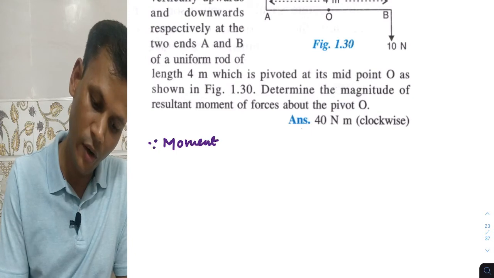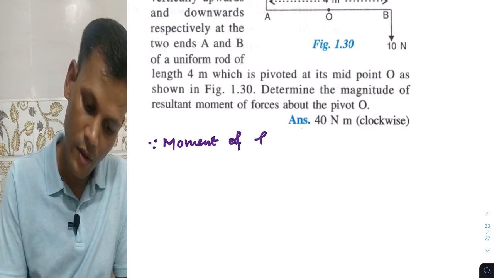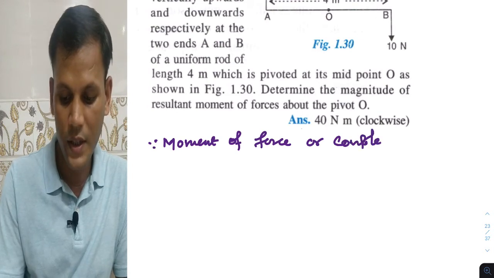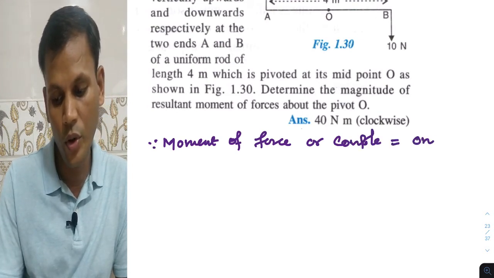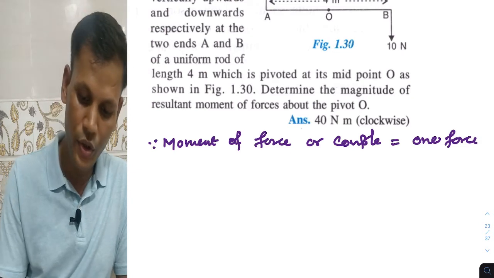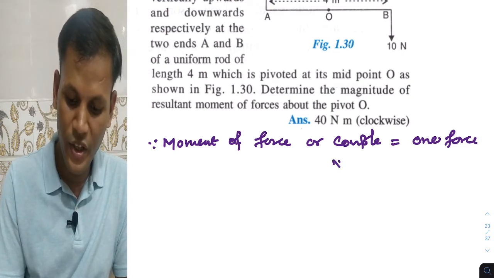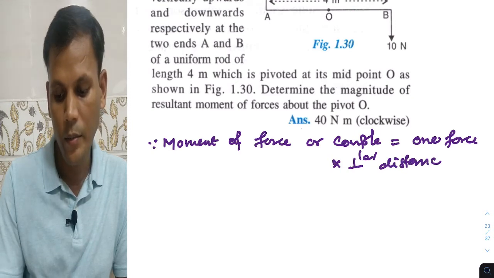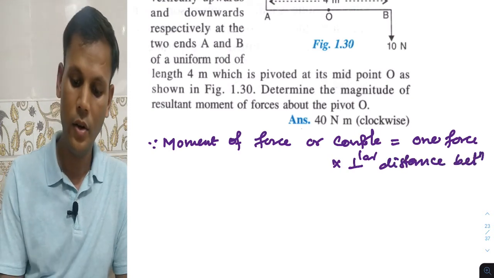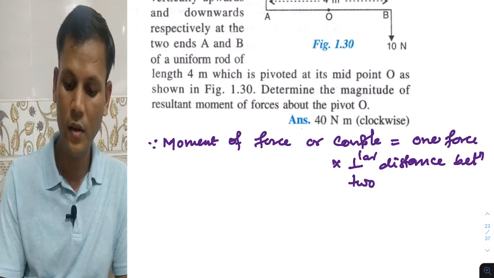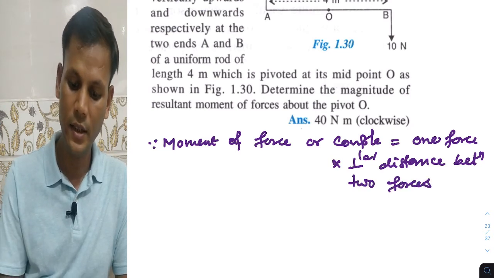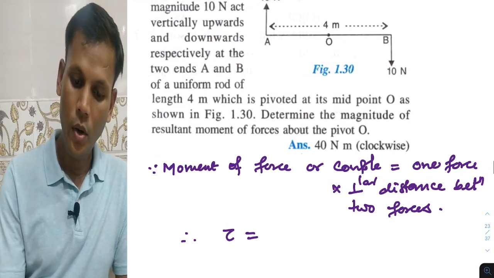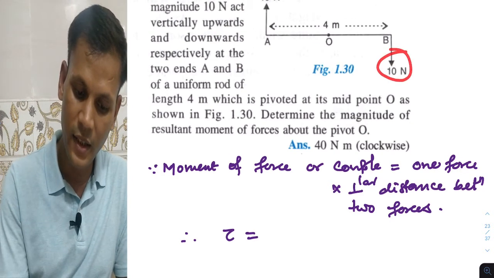Since moment of force or couple is equal to one force into the perpendicular distance between the two forces, according to that we will write tau is equal to one of the forces, either this or this.